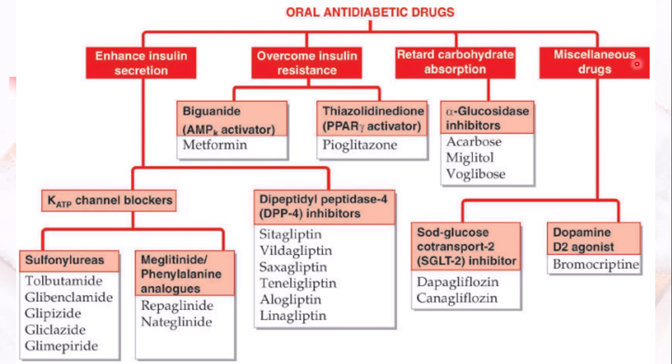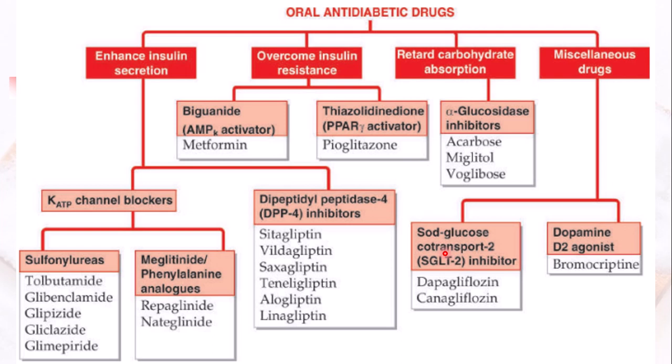Then we move to the miscellaneous drugs that act through other mechanisms. Here we have the sodium dependent glucose cotransporter 2 inhibitors, and these agents inhibit the sodium dependent glucose cotransporter 2 in the proximal renal tubules, right?